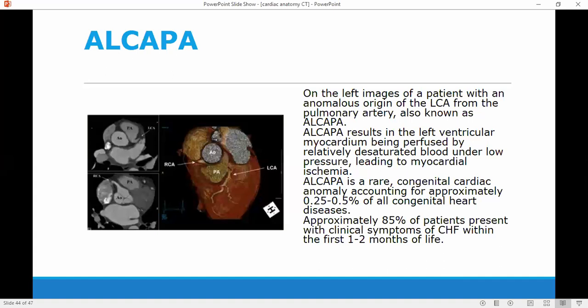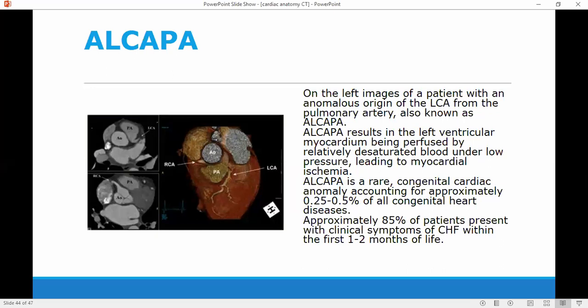It results in the left ventricular myocardium being perfused by relatively desaturated blood under low pressure. Since the pulmonary artery is on the right side with deoxygenated blood, there is desaturation, and the pressure on the right side is lower than the pressure on the left side, leading to myocardial ischemia.